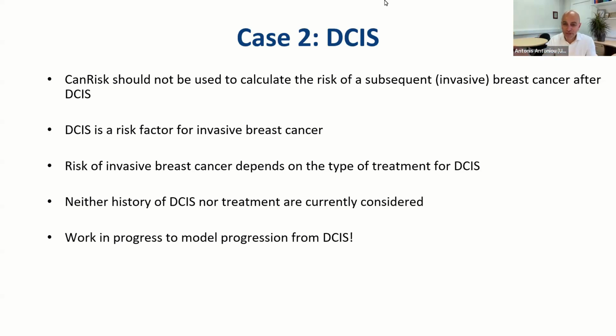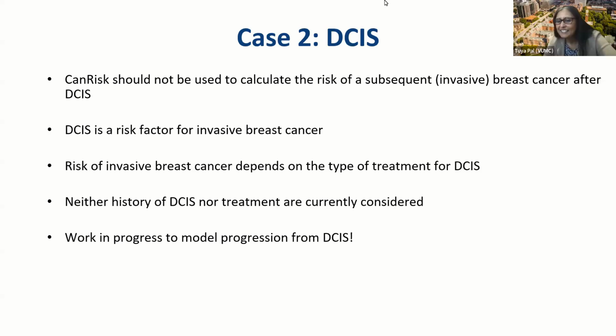But one of the advantages of CanRisk is that you can input an arbitrary pedigree. We had someone from Iceland trying to upload almost the entire country into CanRisk, because they had huge pedigrees there, and they almost broke the servers.